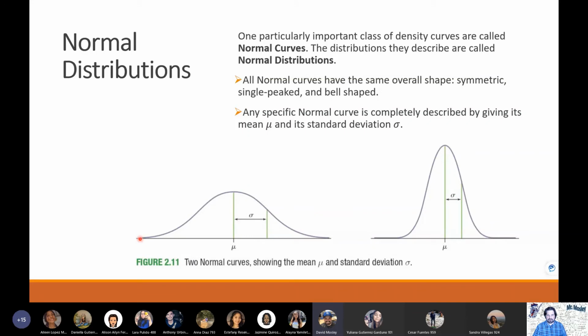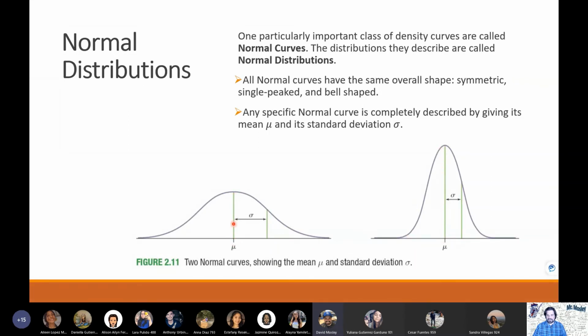So if we look at our little graphics here, we have two different normal curves. They're both bell-shaped, unimodal, and symmetric. The mean and median are right here at the center of the curve.